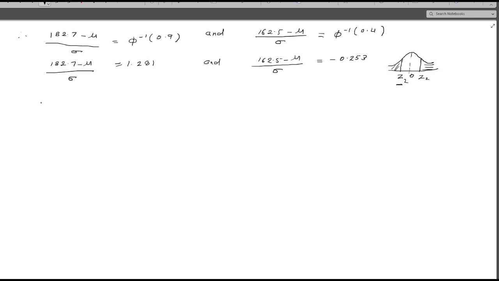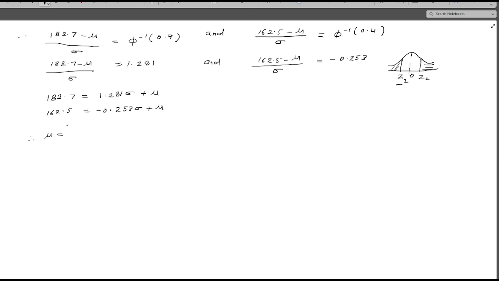So from here I will frame two linear equations. One is 182.7 equals 1.281 sigma plus mu. This is one equation. And the second equation will be 162.5 is equal to minus 0.253 sigma plus mu. We will solve these two linear equations.